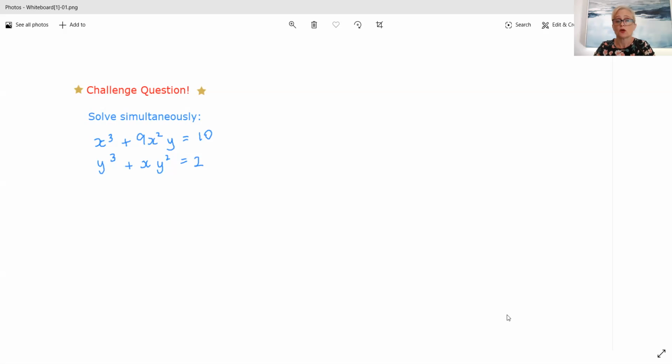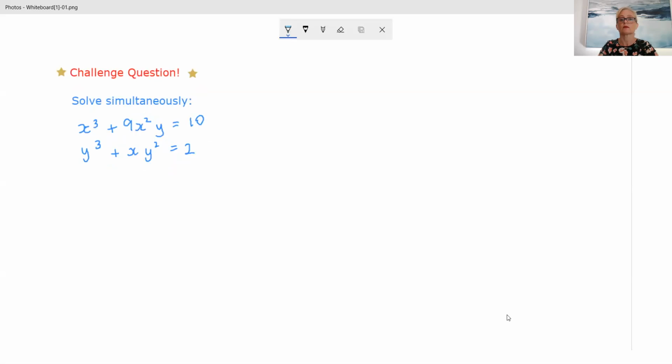Now, elimination is not going to work because no matter what I do to both equations, let's call this one equation 1, that's equation 1 and that's equation 2. No matter what I multiply each equation by and then subtract them or add them, I'm not going to be able to eliminate any of these because I've got an x cubed term.